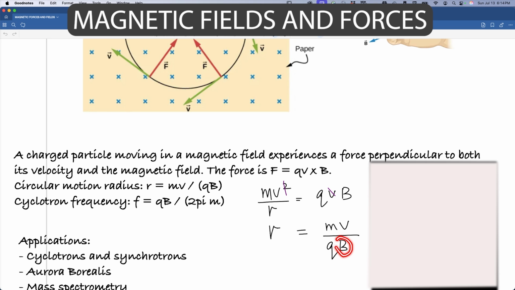Obviously, it depends on the magnetic field. Now, how does it depend on the magnetic field? A strong magnetic field is going to make it move around in a smaller circle because it's in the denominator. Okay, so that formula is important and you can be asked to do problems, very simple.